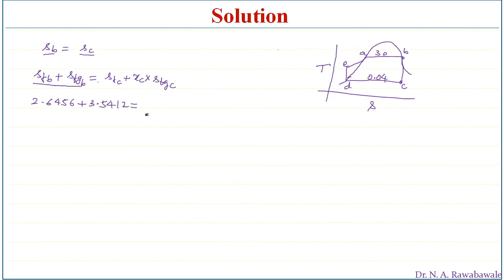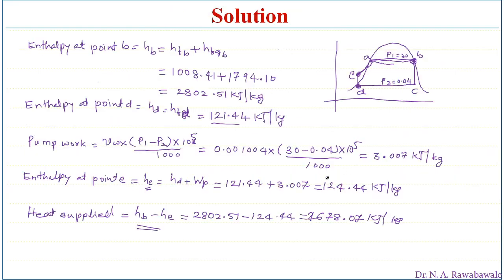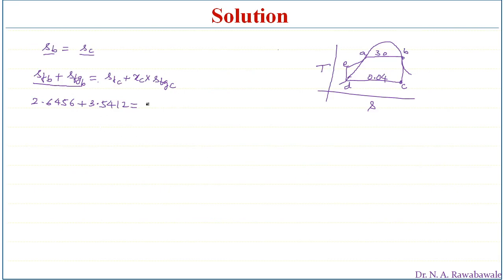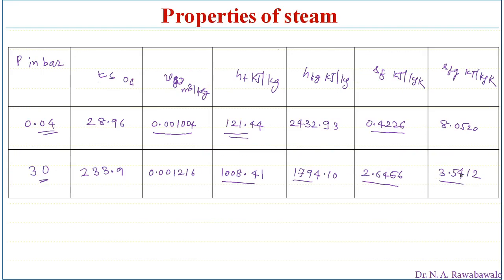At point C pressure is 0.04 bar. So at pressure 0.04 bar, SF is 0.4226, plus XC into SFG at C, which is 8.0520.